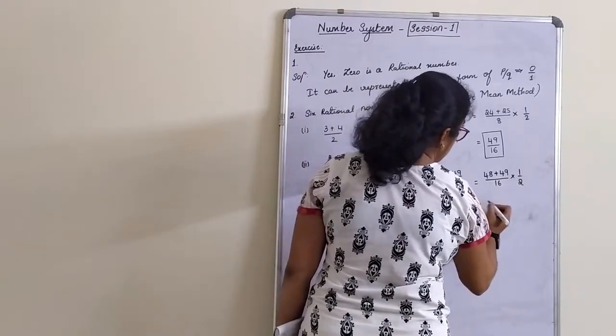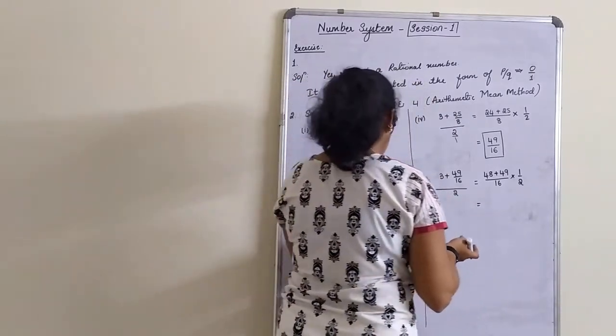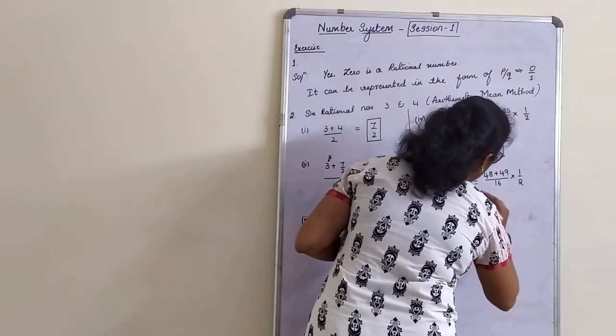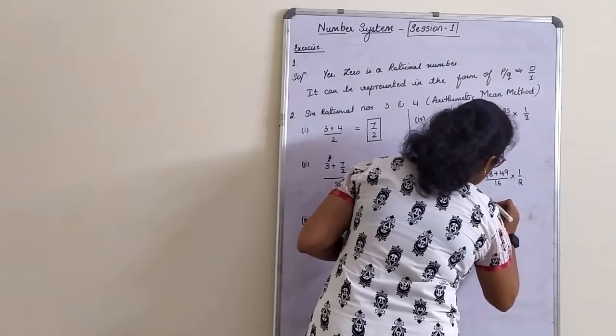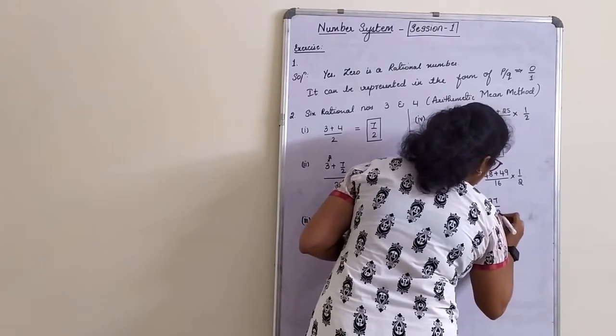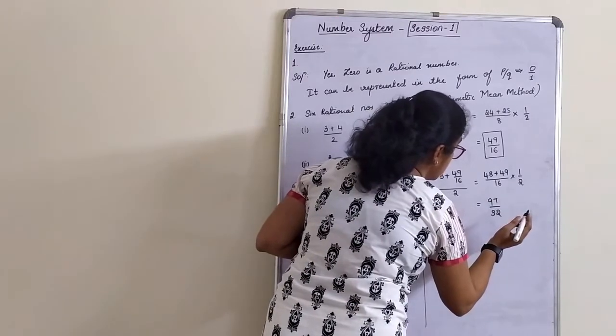So 16 2s is 32. 48 plus 49. So you will get the next number here as 97 upon 32. Okay, correct?